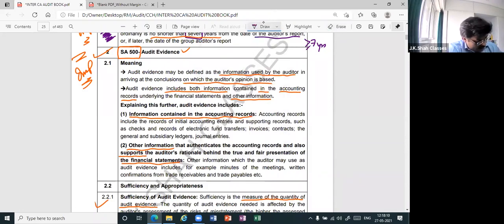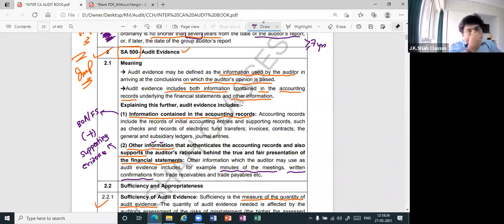But apart from that, it also includes other information, like the minutes of the meeting, written confirmations, supporting evidence. This is your one, and this other information is your two.